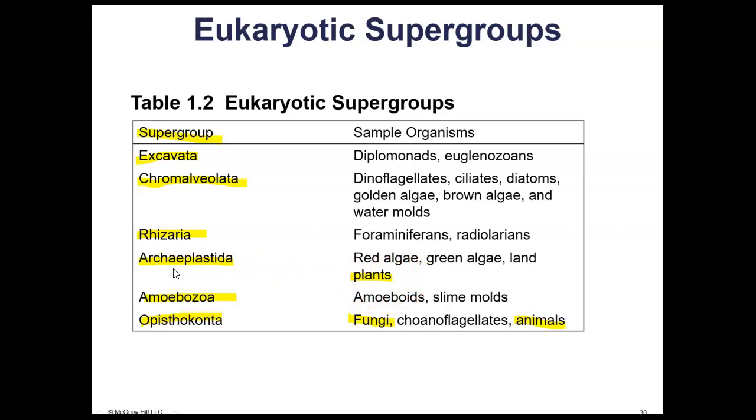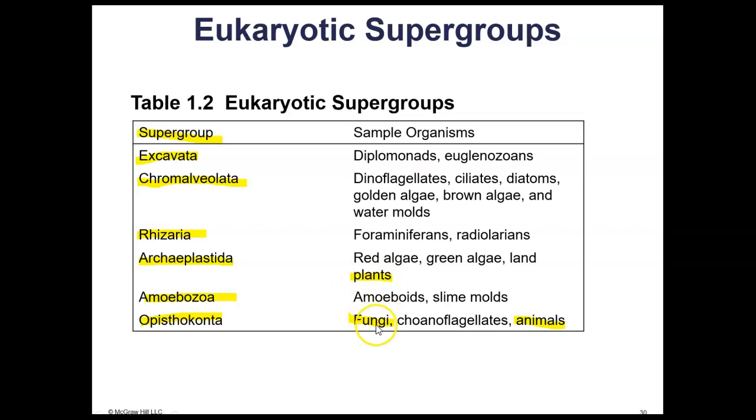But I do want to point out one thing, and that is that plants are in the supergroup Archaeoplastida. So a plant would be classified as domain eukarya, supergroup Archaeoplastida, kingdom Plantae, and then the rest of the classifications, the phylum, class, order, family, genus, and species.